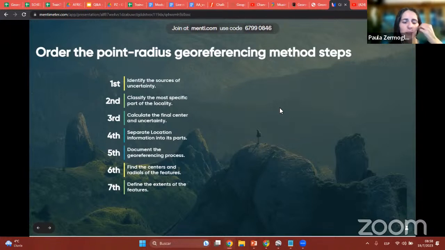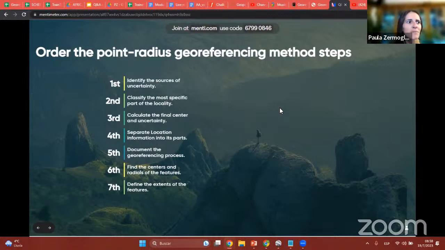But it's important because we're going to use this every time with georeferencing. So we have to be clear about what to do first, because otherwise, and we have seen this in the previous session, different groups and different people approached the location descriptions differently.